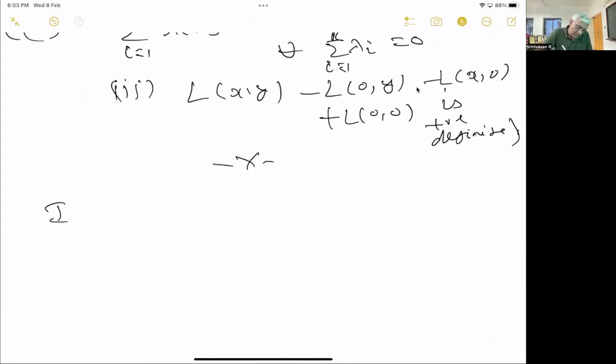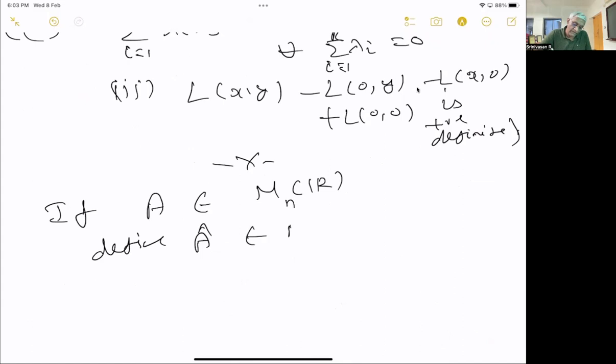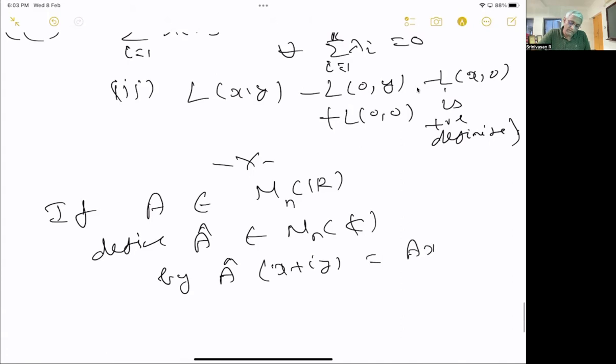See, if A is a matrix, A is in M_{N}(R), then define A hat in M_{N}(C) by A hat of (x + iy) equal to Ax + iAy, which you can define.